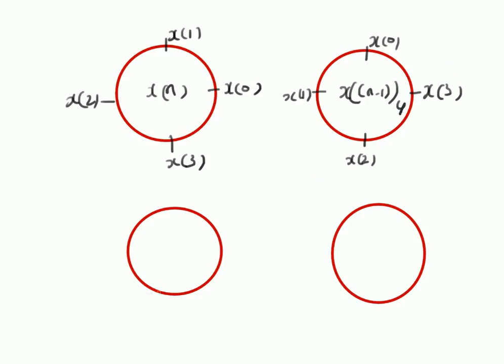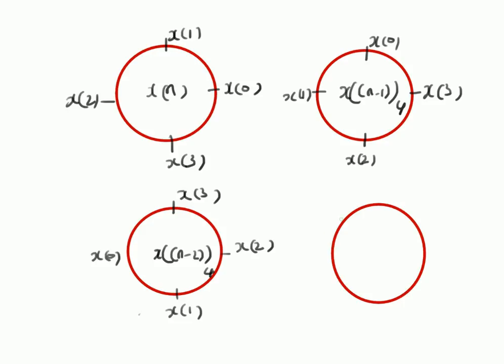Similarly we can write x of n minus 2 mod 4. That means we have to shift this sequence by one more step in the anti-clockwise direction. So the first value will be x of 2, the second value will be x of 3, x of 0 moves to 180 degrees, and x of 1 moves to 270 degrees. So that is the circular shifting by 2 points.